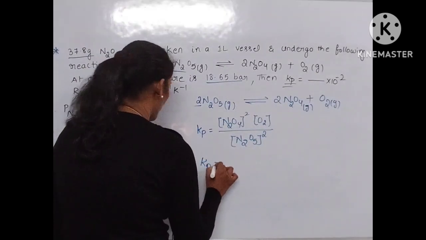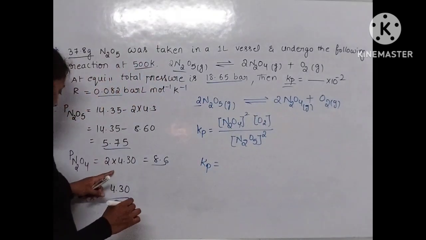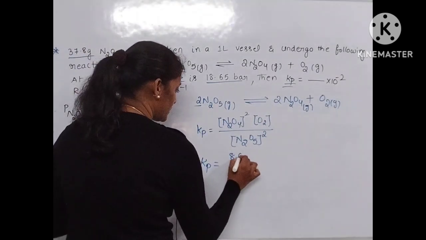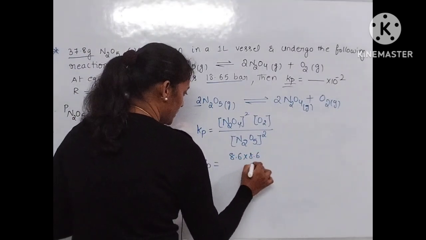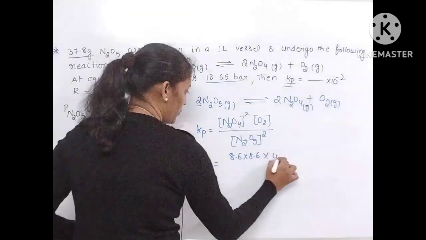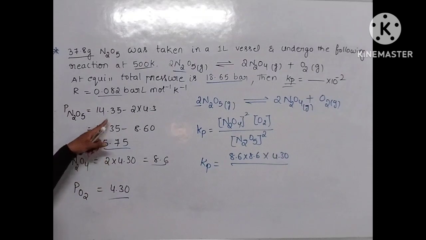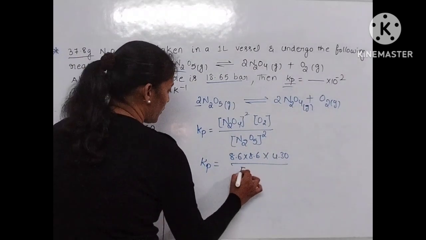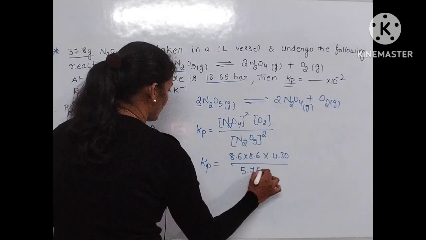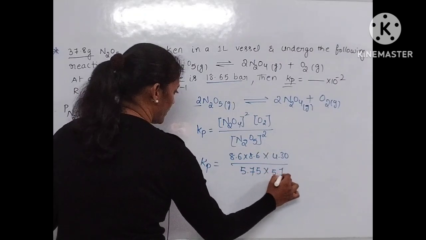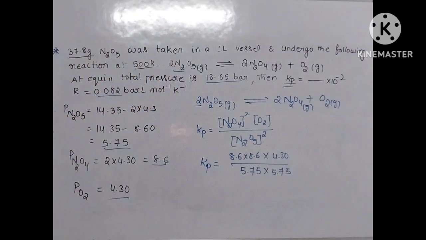Kp equals the N2O4 value, 8.6, two times because that is power 2, and 4.30, upon the N2O5 value, also two times, 5.75 into 5.75.